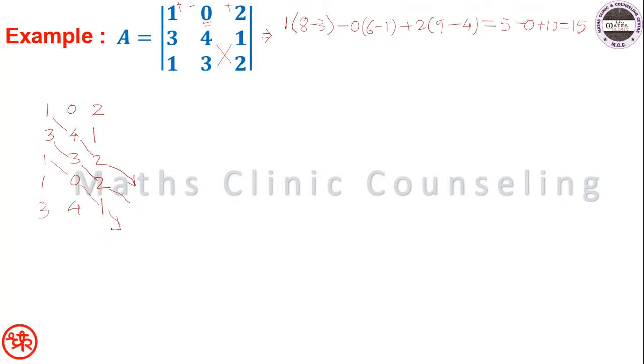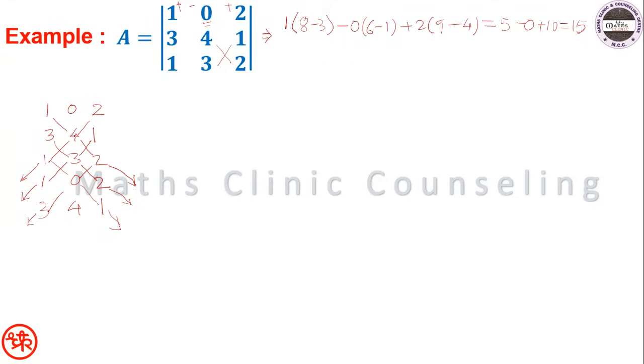These are the triplets in downward order from left to right. Now let us see the triplets from right to left. It is 2, 4, 1. Then 1, 3, 1. This is another. And then 2, 0, 3. This is the third.